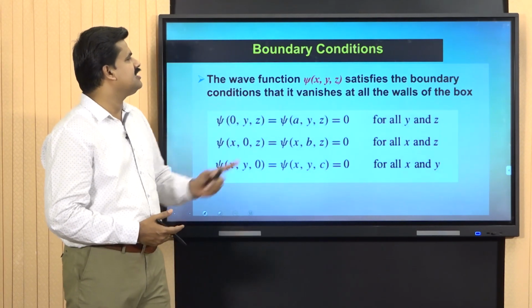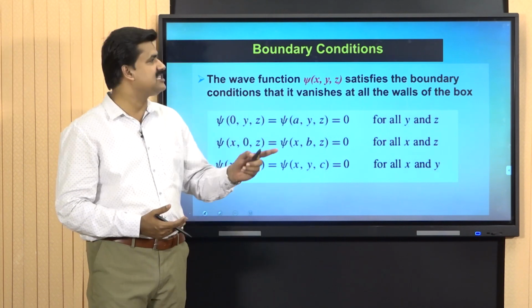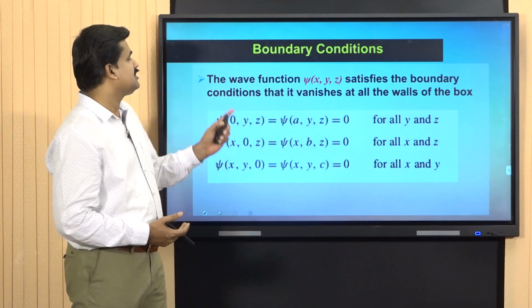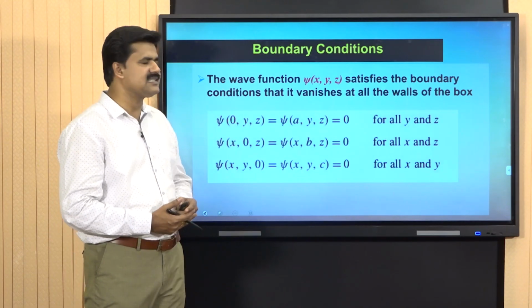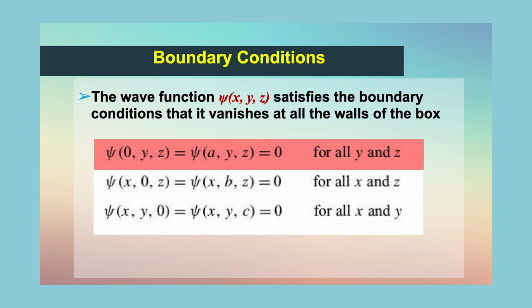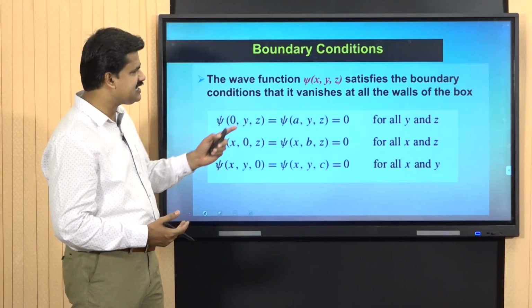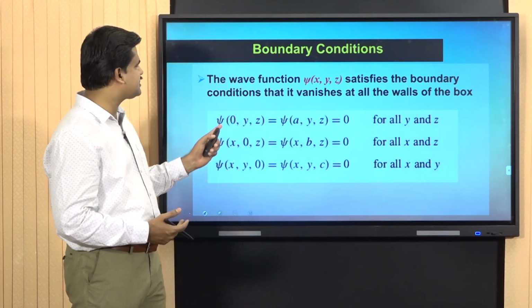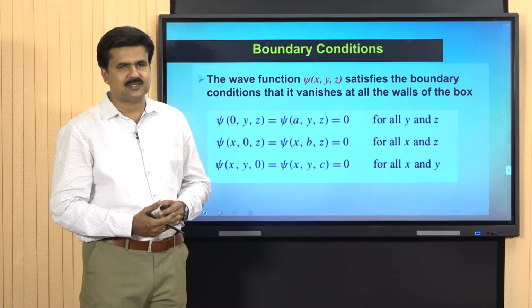The wave function psi of x, y, z satisfies the boundary conditions that it vanishes at all the walls of the box. Psi of 0, y, z equal to psi of a, y, z equal to 0. That is, for any values of y and z, psi at 0 and psi at a equal 0.